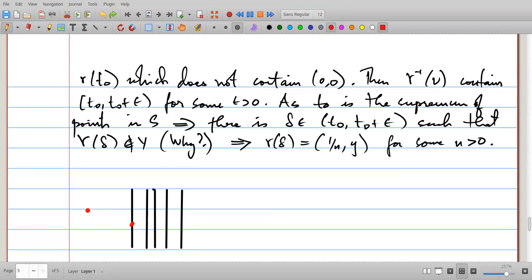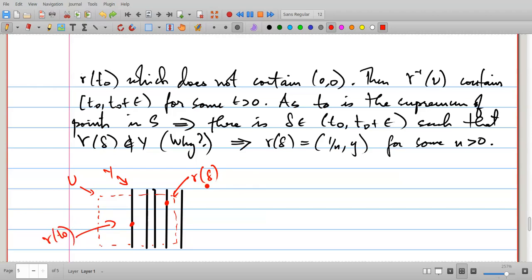So this is gamma of T naught. This is the open subset U, and gamma of delta lies outside. So this is Y. It lies outside Y, so it lies somewhere over here. Let's say it lies over here. So this point is gamma of delta, and this is gamma of T naught.